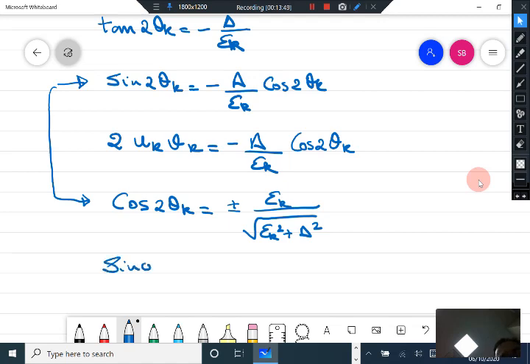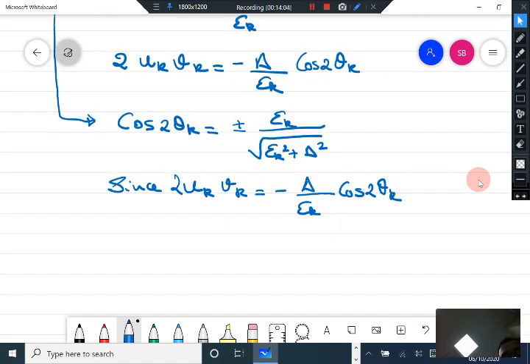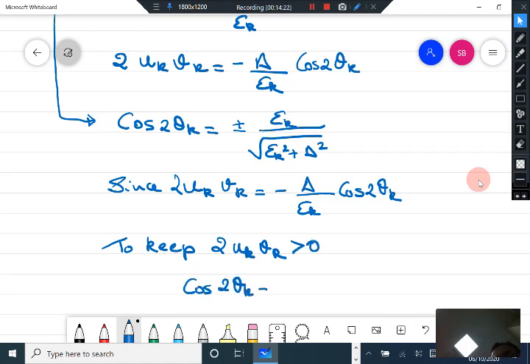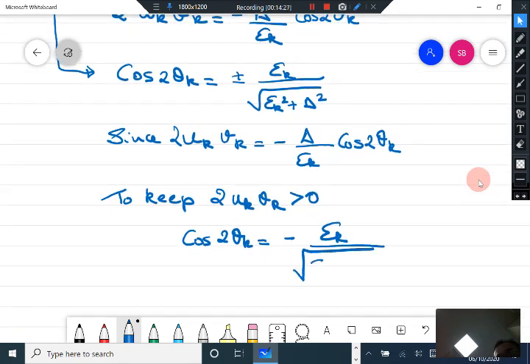Since twice of uk into vk is minus delta over Ek cos 2 theta k, to keep twice of uk into vk greater than 0, we choose cos 2 theta k as equal to minus Ek divided by square root of Ek square plus delta square.